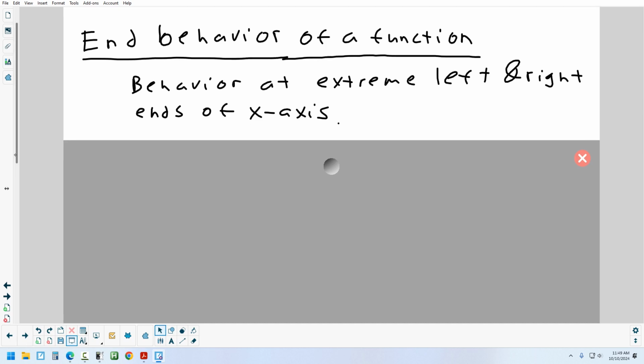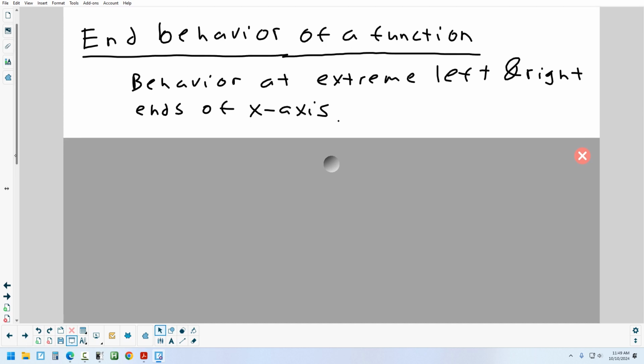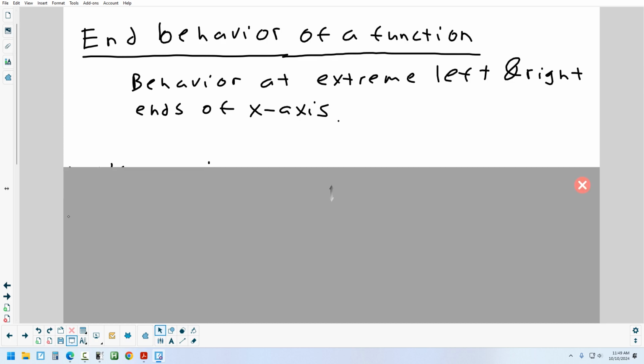Okay. So the last one is easier than continuity and intermediate value. It's much more concrete. It's not really abstract at all. End behavior describes what happens on the very left and right edge of a function. So let's say you had a cubic that looked like this.